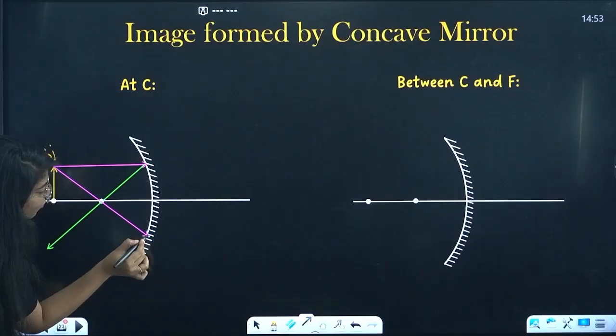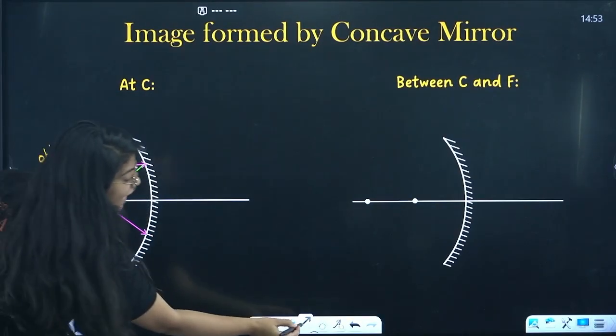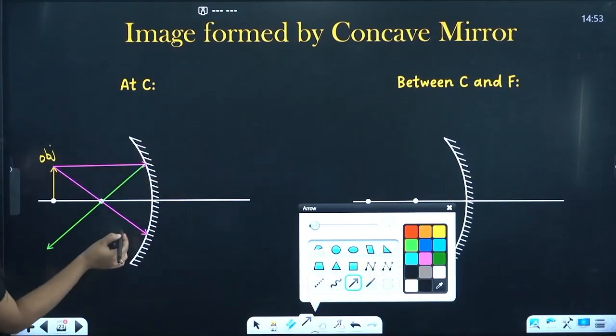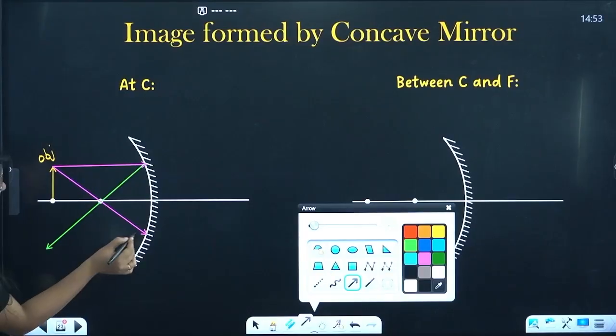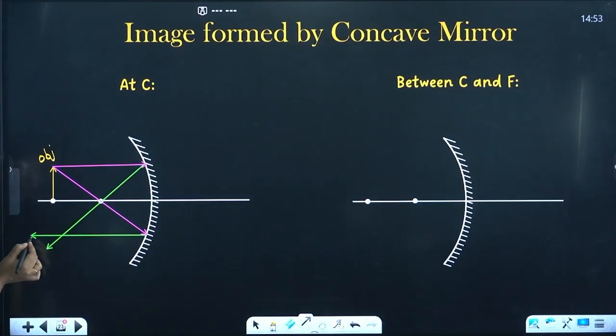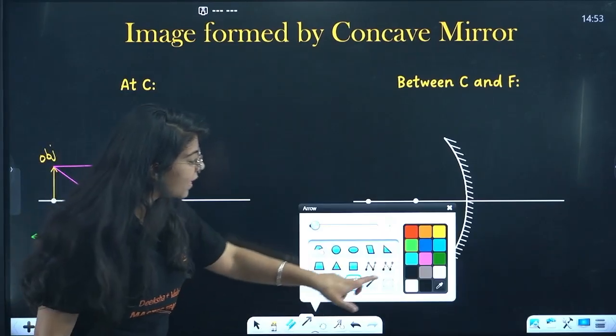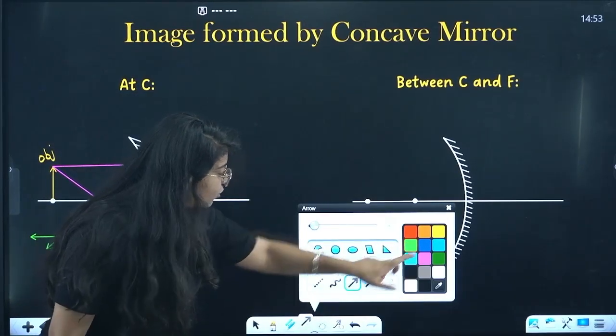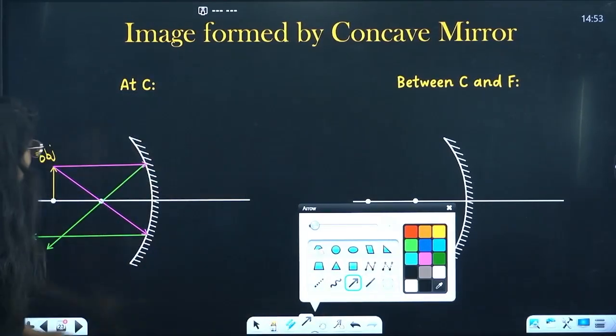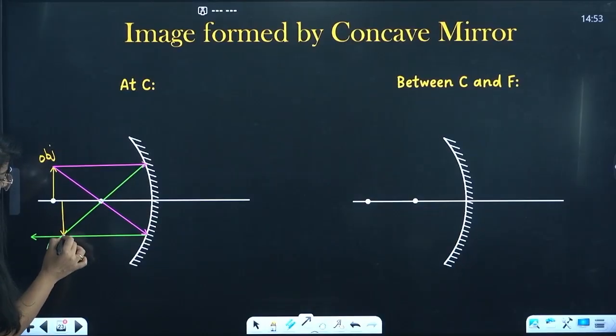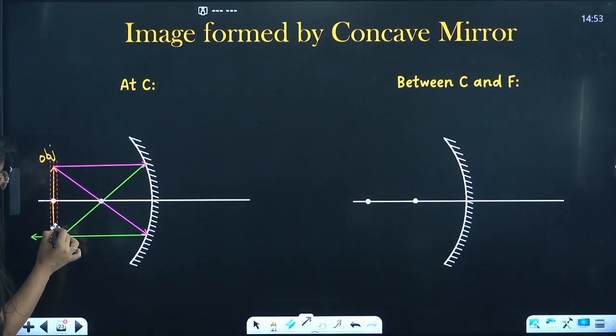It will pass through the focus, right? And when it reflects, it will become parallel to the principal axis, right? Something like this. And if you join the image, it will be something like this. Okay, you have to adjust it a little bit.